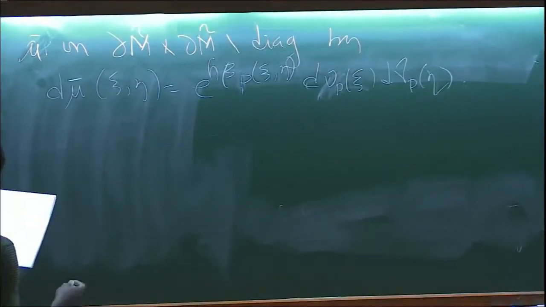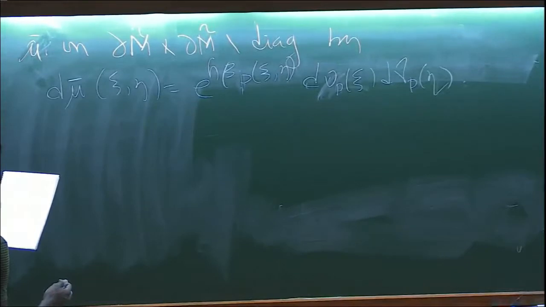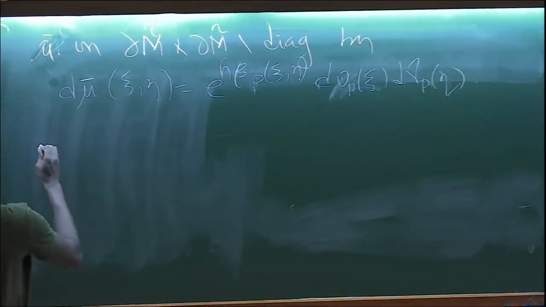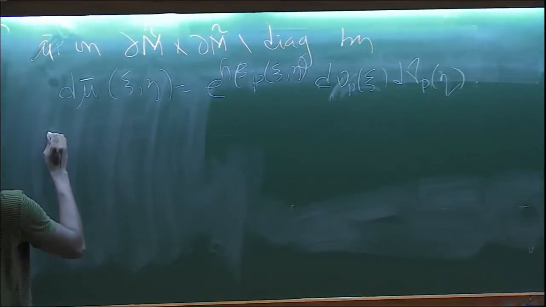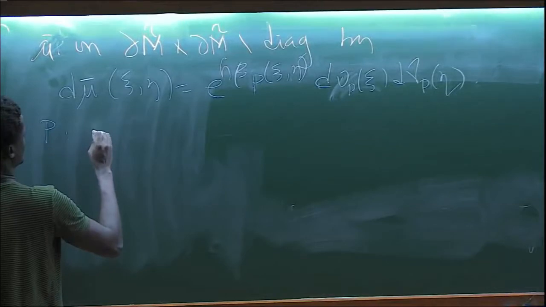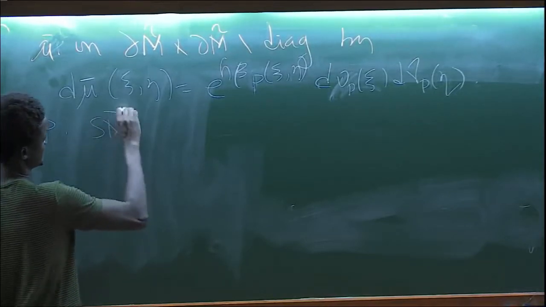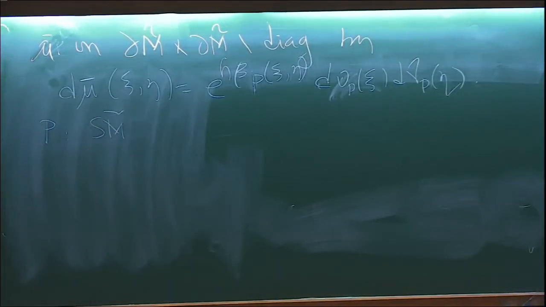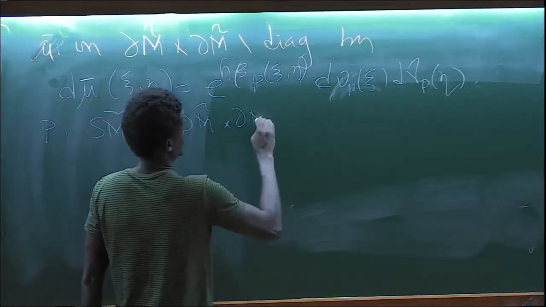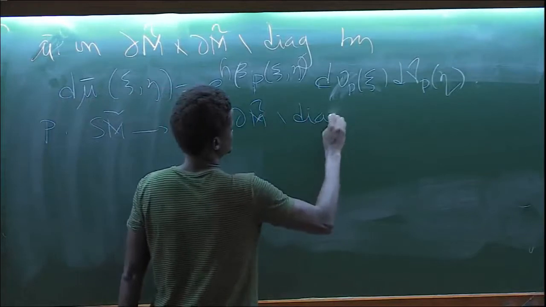And from there, we also define a measure on the unit tangent bundle. Let's first define this projection map, P, from SM tilde, the unit tangent bundle of M tilde, to the product of the boundary minus the diagonal.